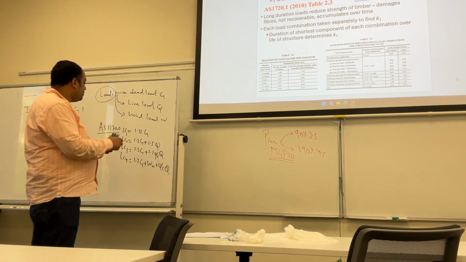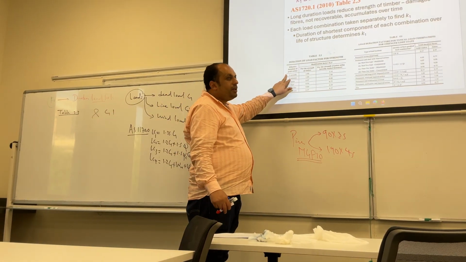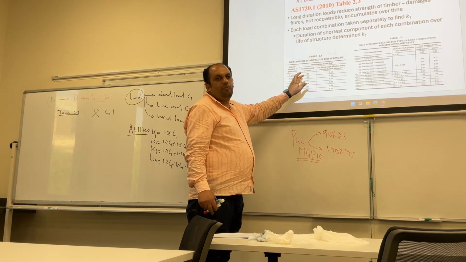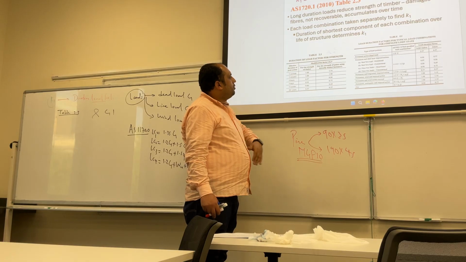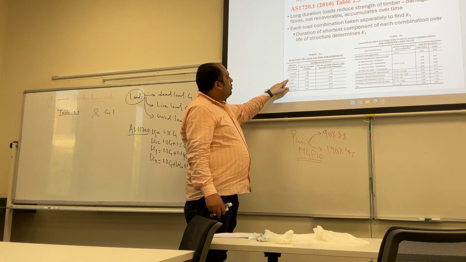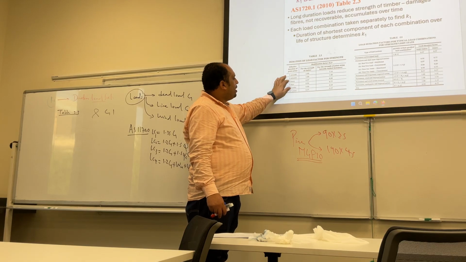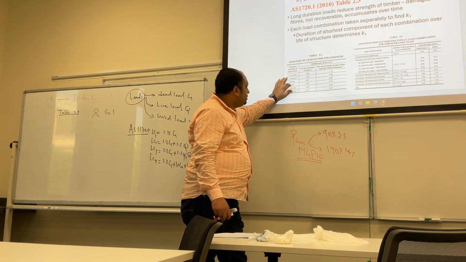So the wind load actually will be between 5 seconds to 5 minutes. So what is the factor? 1. So K1 for wind load can be taken as 1 for the members. Then 5 hours to 5 days, 5 hours and 5 days and 5 months.